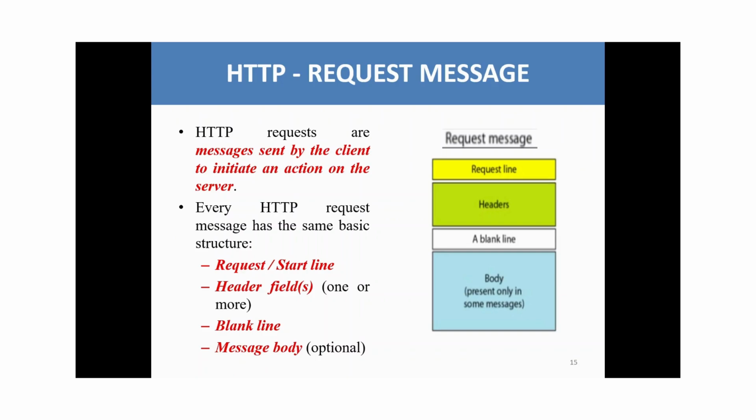The request start line indicates the specific request given by the client to the server. The header field contains the specific address of the source and the destination. Finally, there is a blank line and the message body, which is optional.